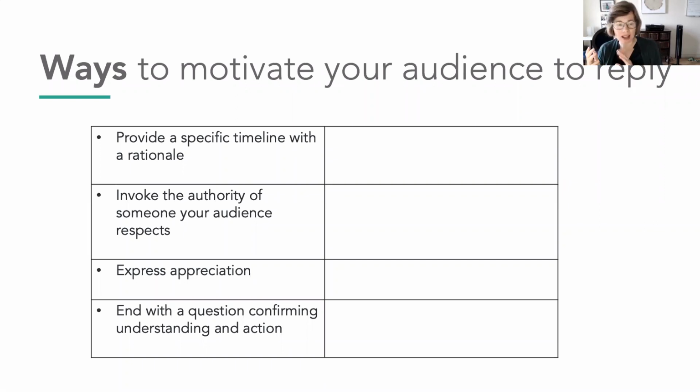So sometimes I will say something like, if you could get back to me by Monday afternoon, that would be great, as I'm planning to complete this phase for our meeting on Wednesday.